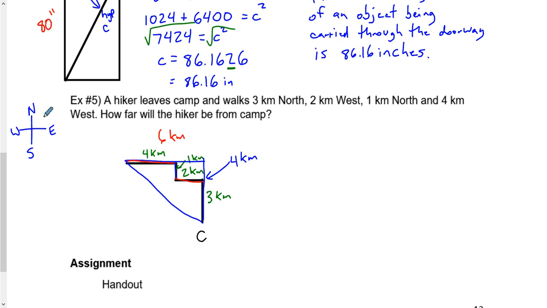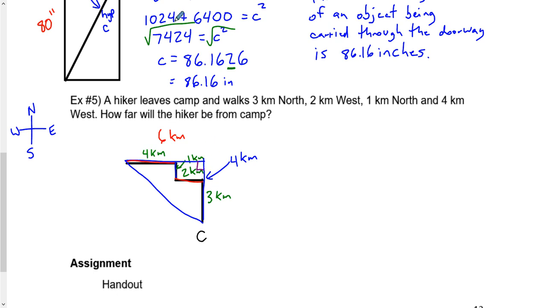Now, by cardinal directions, north and west are directly at a 90-degree angle to each other, especially for short distances such as this. Of course, we do deal with curves and all that kind of idea with global positioning. But for something like this, you can't notice enough of a curve.